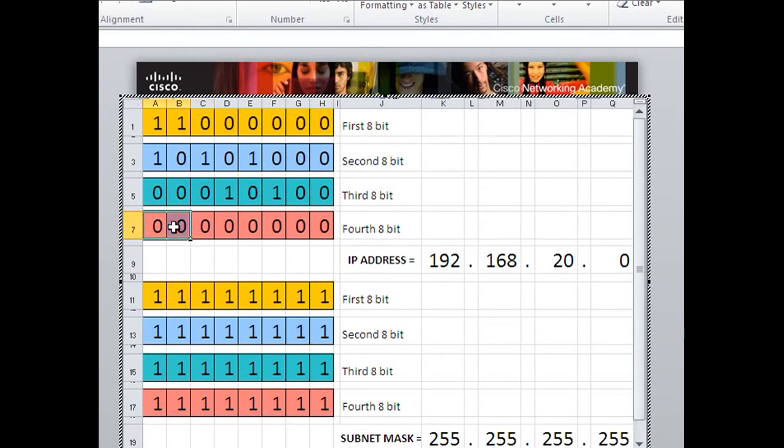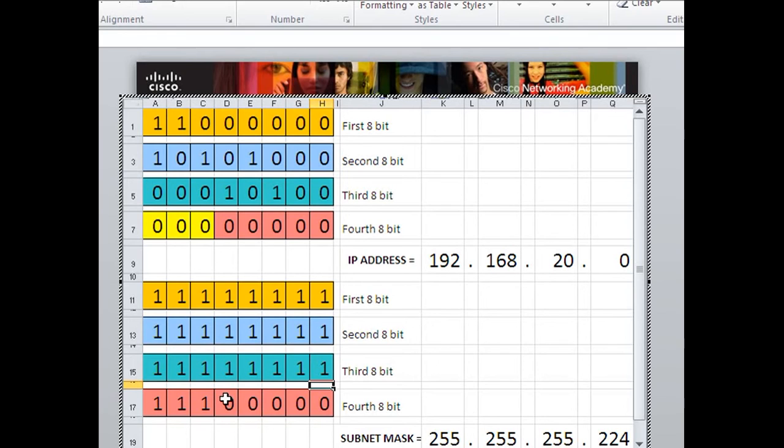With the first 3 bits as 0, what I am getting as the subnet mask is 8 bits, 8 bits, 8 bits, and the first 3 bits set to 1, because in the case of a subnet mask the rule is that whatever is in the network, the network bits are all set to 1 and the remaining host bits are all set to 0. So in all 8 subnetworks this will be my subnet mask.